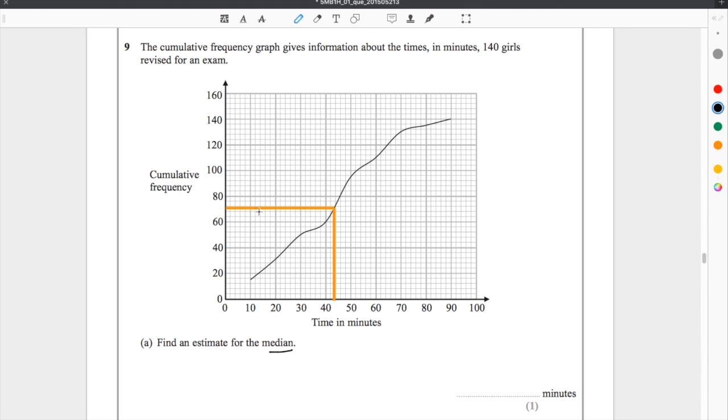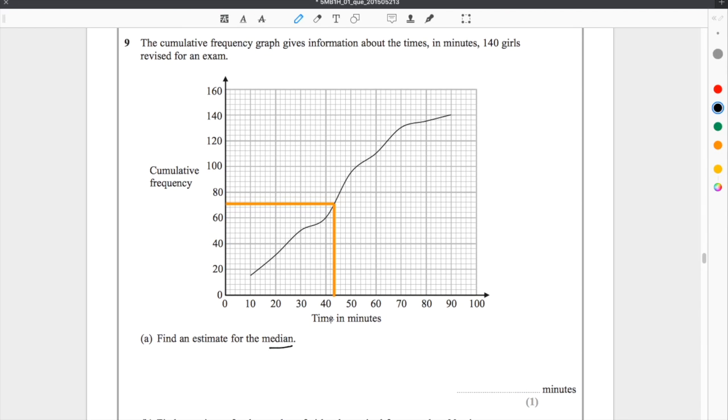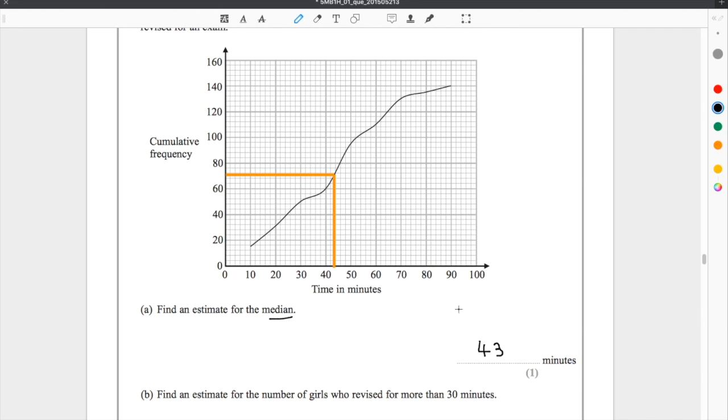Again, in the exam, you'd be able to do that more clearly than I can using this. Reading off that value, it's going up in 2s, so we have 43 minutes, because it's in between 42 and 44. So I'm going to say 43.